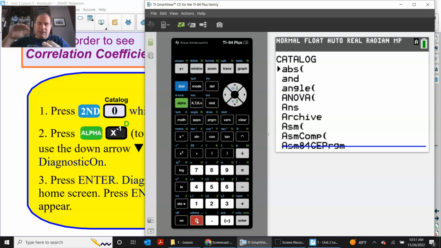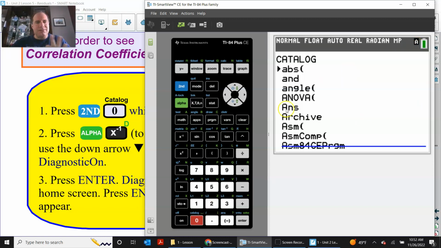Now, you could either press the down button a million times to get to diagnostics, or you could press alpha. And this A has to be there for you, just remember that. When you press second function catalog, you see how this A is there automatically?